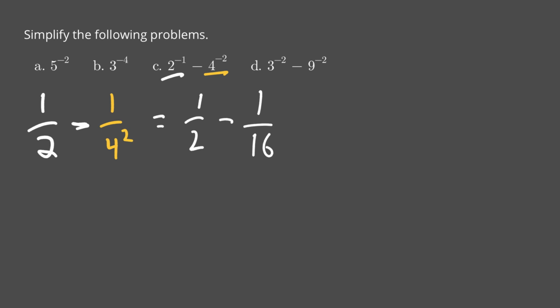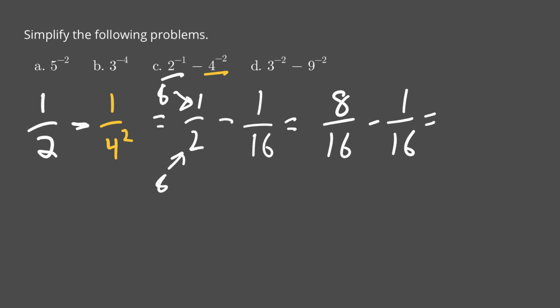And now we're just subtracting fractions. If you remember, we have to get a common denominator, which would be 16 in this case. So we have to multiply this by 8 over 8, giving us 8 over 16 minus 1 over 16, which leaves us with 7 over 16.